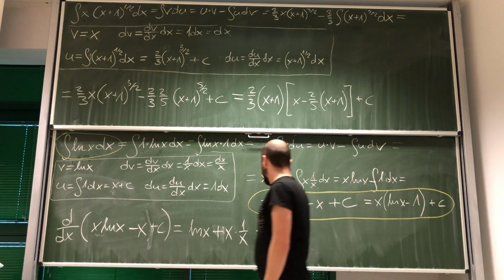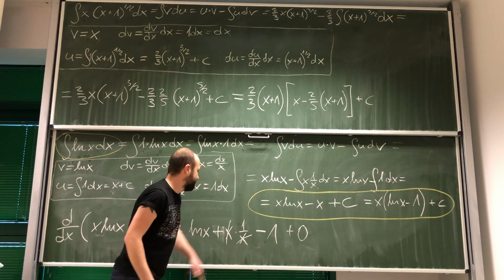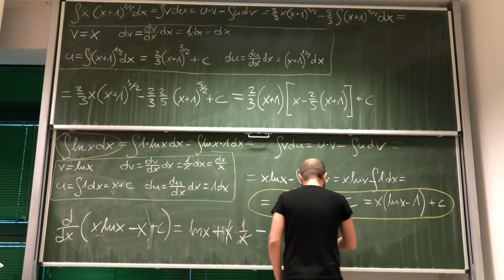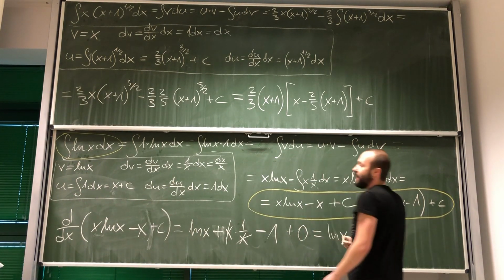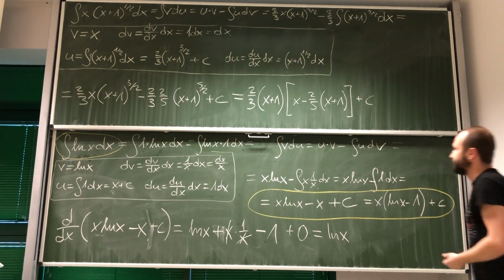And look, those two cancel each other out, so we've got 1 minus 1, which is 0, and we end up with just ln x. So we see that the rule that we've obtained just now works perfectly well.